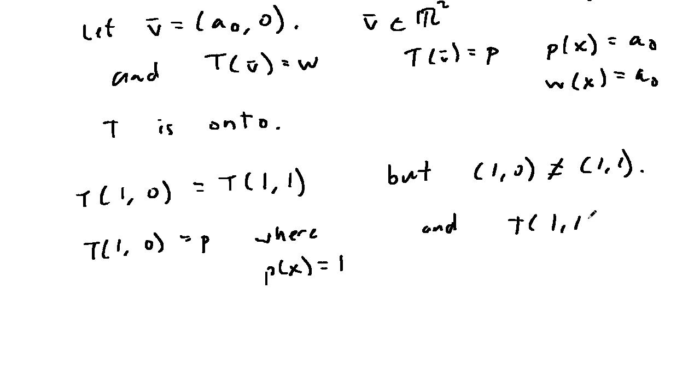And T of (1, 1) is the polynomial, let's say q, where q of x is equal to the first coordinate, which is 1. So p and q are the same constant polynomial, 1. That's why they're equal here. But notice that the two vectors here are not equal, so T is not 1-to-1.